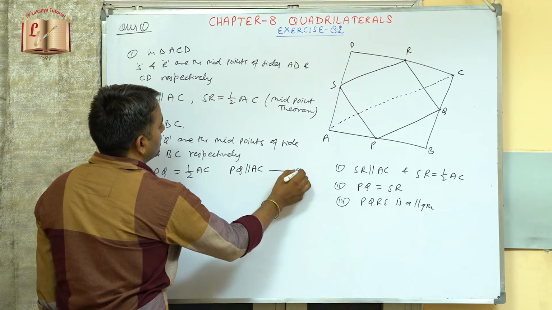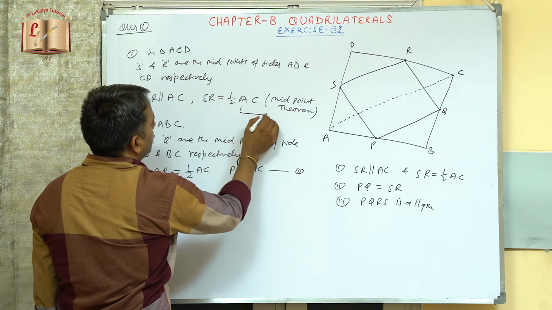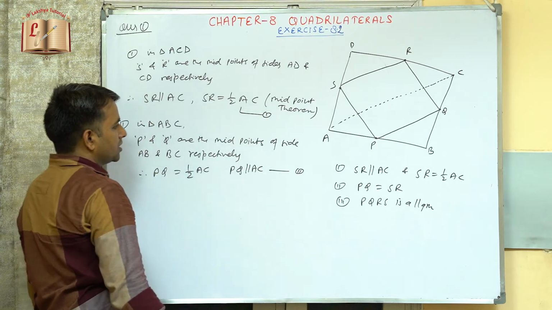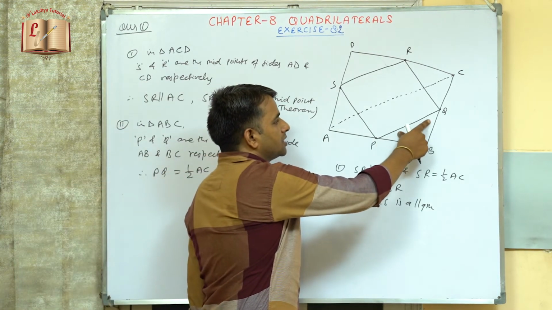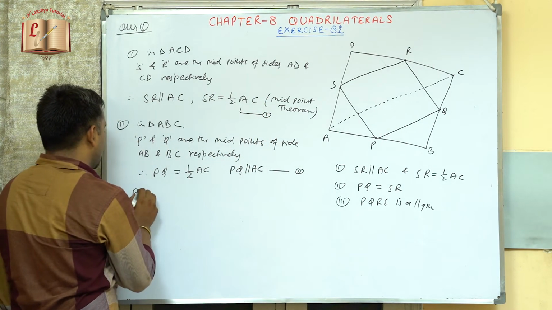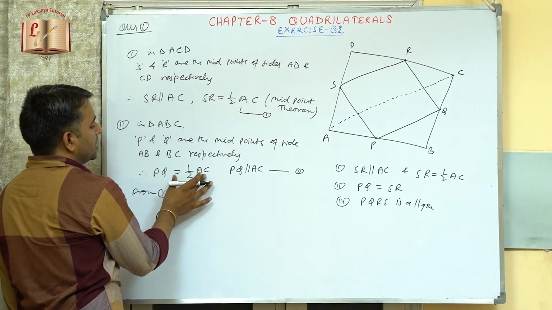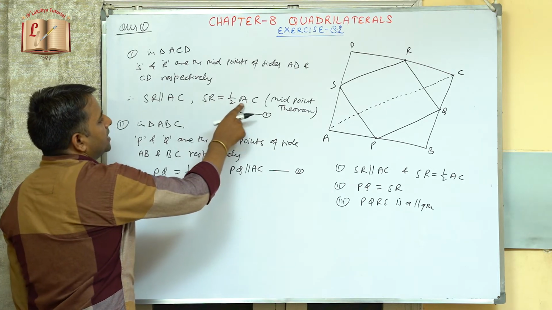So this is equation number 2, and we can take the earlier one as equation number 1. Now see that this side will also be parallel and half of AC. So from 1 and 2, we got PQ is half of AC and SR is half of AC.